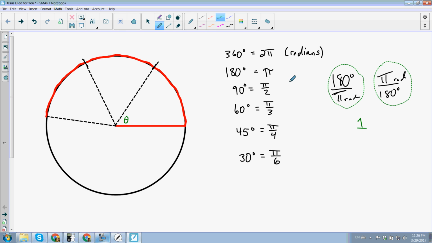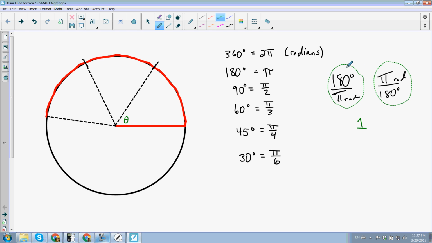So say you wanted to convert some number of radians into degrees, you would use this conversion factor. Just multiply that number of radians by this, which equals 1.